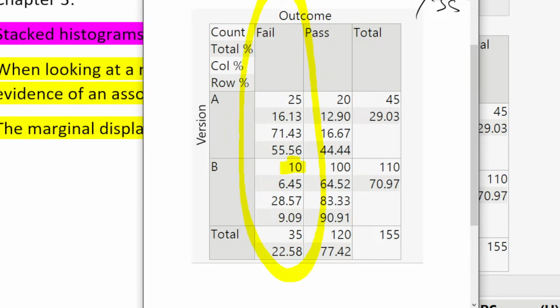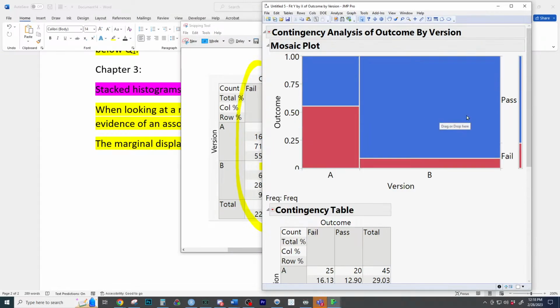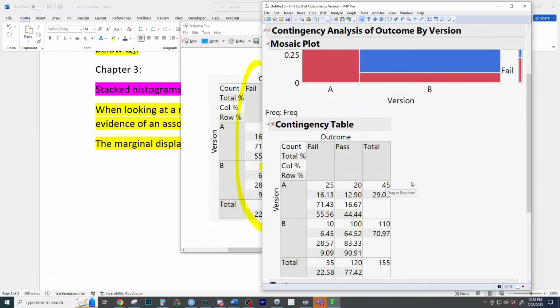So conditional looks within one variable at the distribution of another, where margin is literally the margins. Contingency tables also have a margin. Down here, you can see more students took B than A, and also more students passed than failed. It doesn't look at the other variables. It's within the mosaic plot that we see the condition of version A. You can flip it to get the other conditions, but that's the way it works.